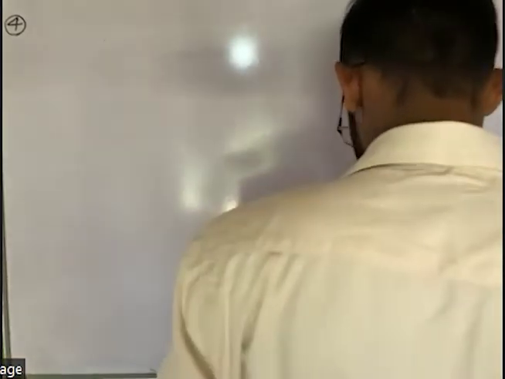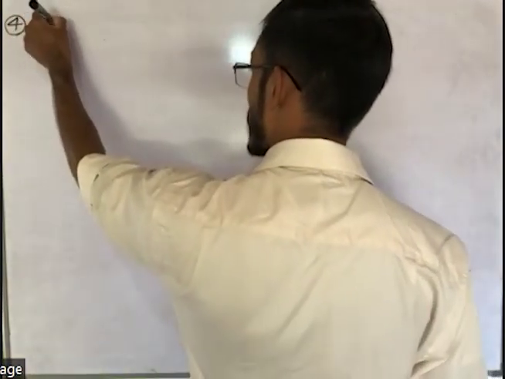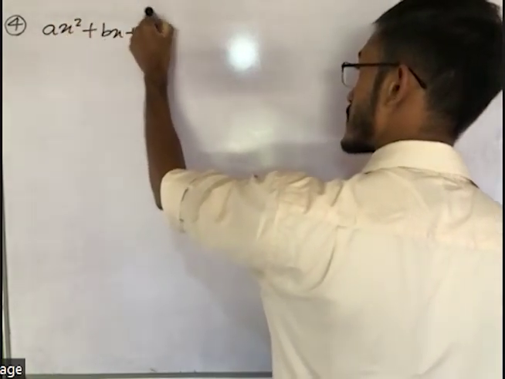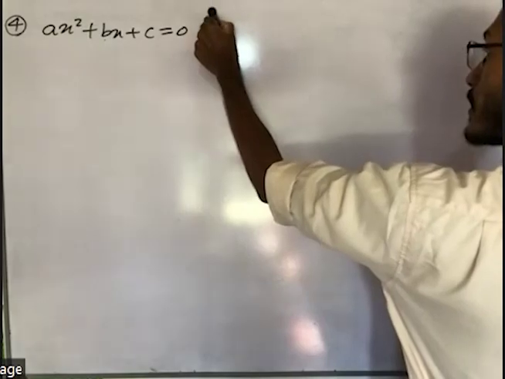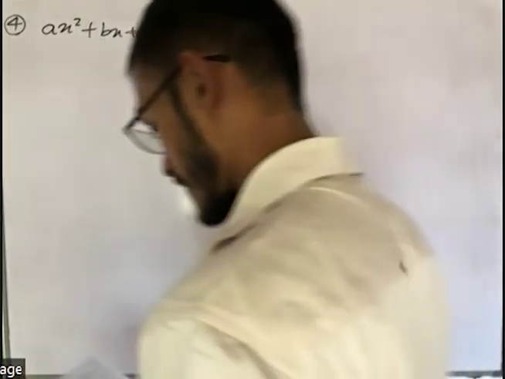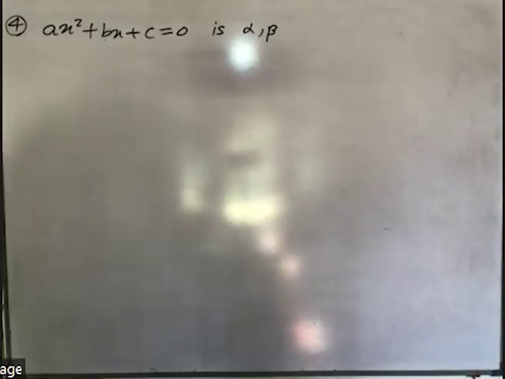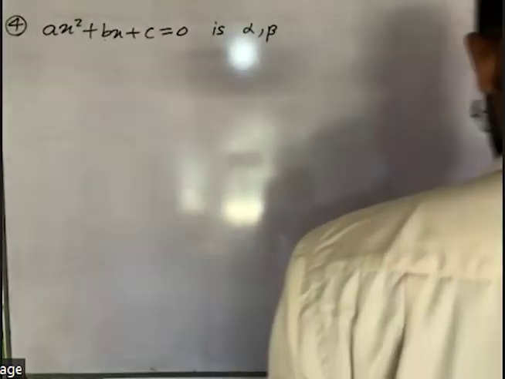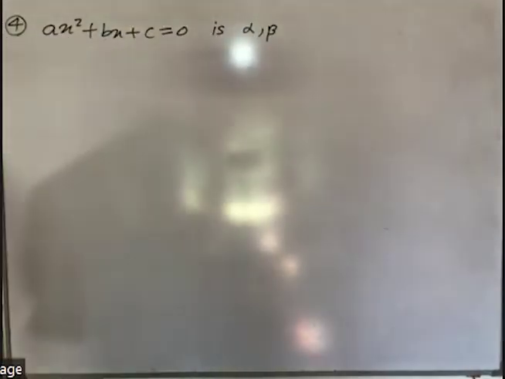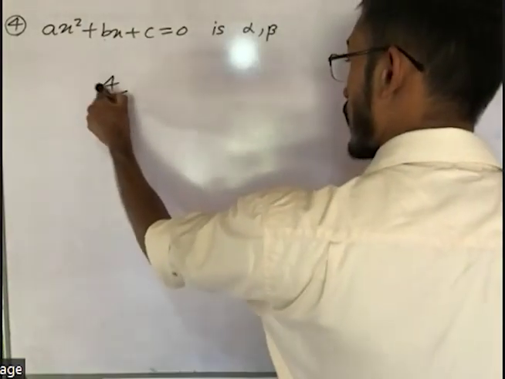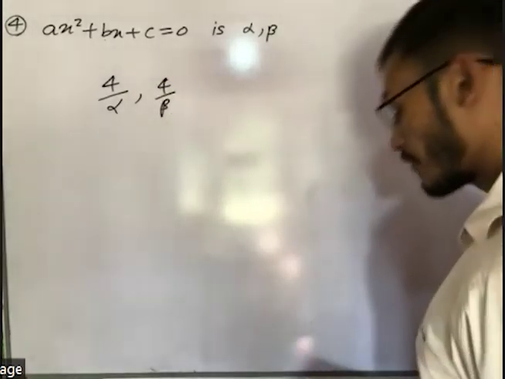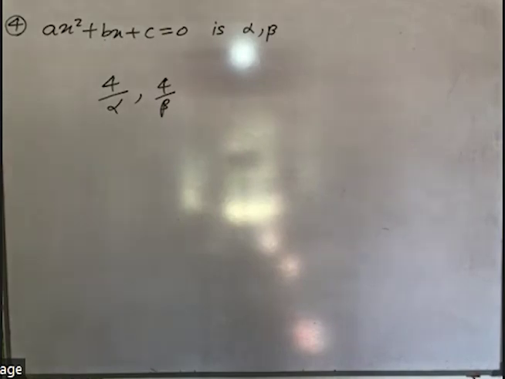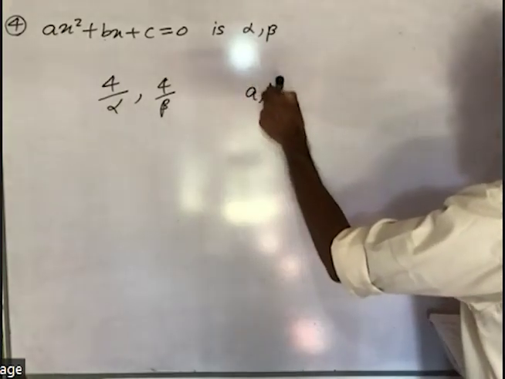If the roots of the equation ax squared plus bx plus c equal to 0 is alpha comma beta, then from that derive the quadratic equation with roots 4 over alpha comma 4 over beta, in terms of simple a comma b comma c, right?